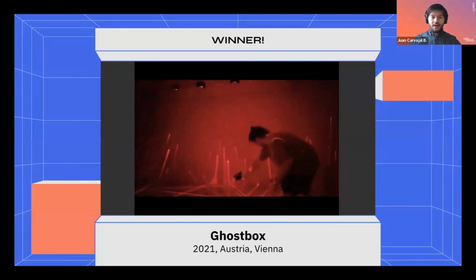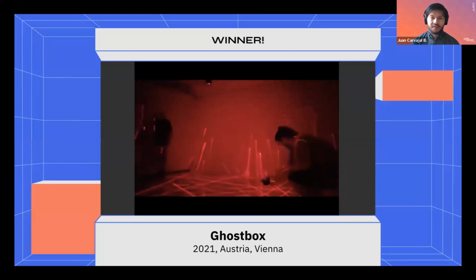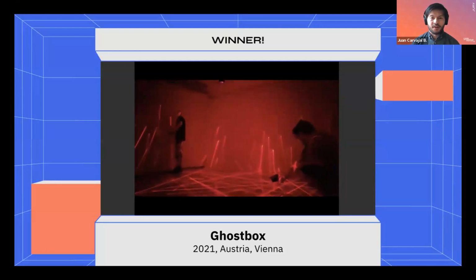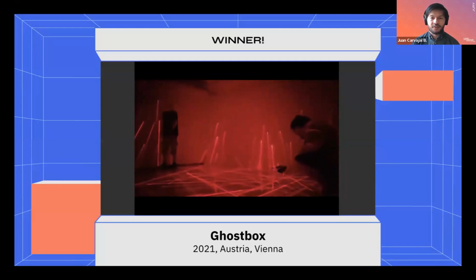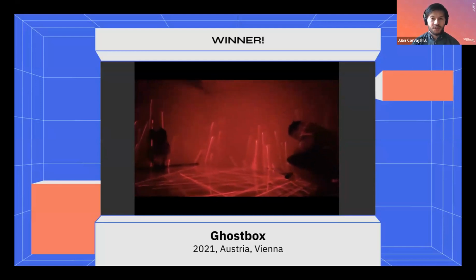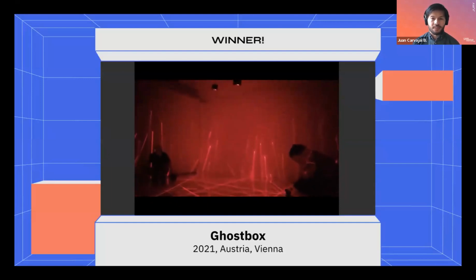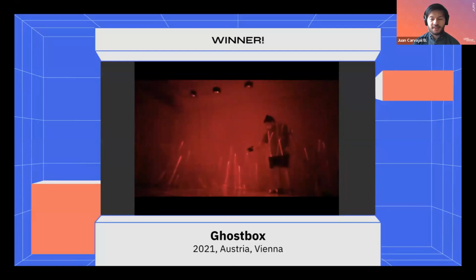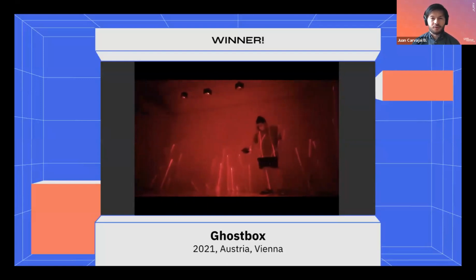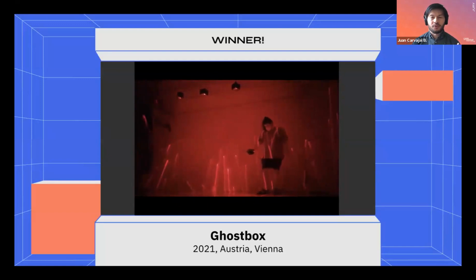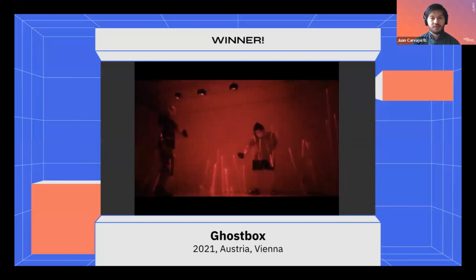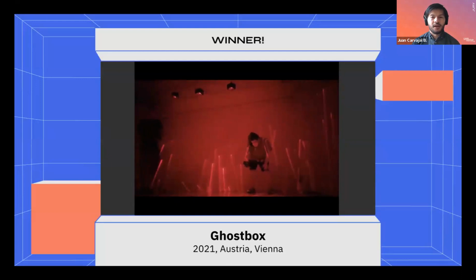And what we really found interesting about Ghost Box was this idea of a soundscape that is shaped by the movements of your body when you are in the box. And besides that, it really shows that it has a strong concept because you really shape this soundscape in a ghostly manner.